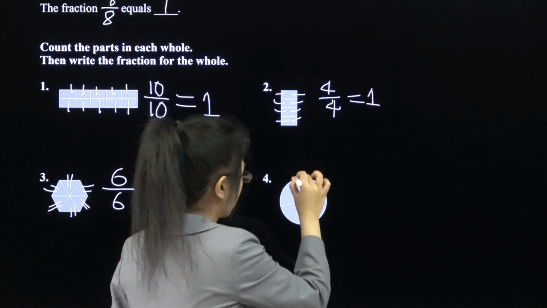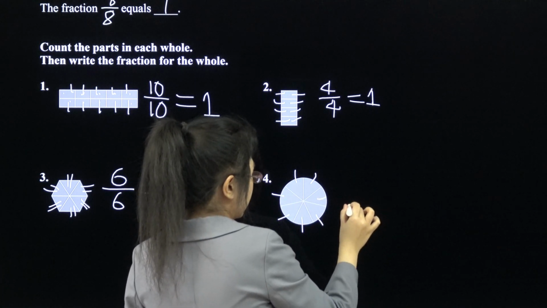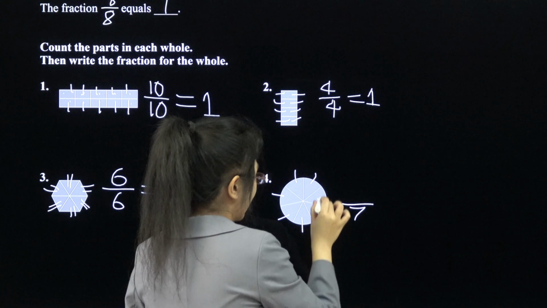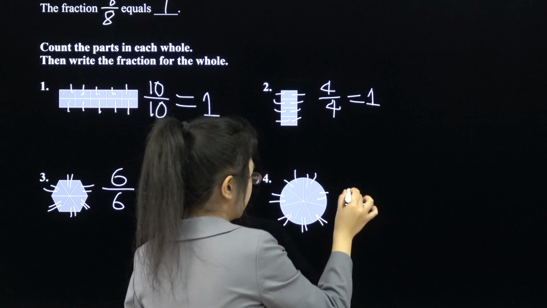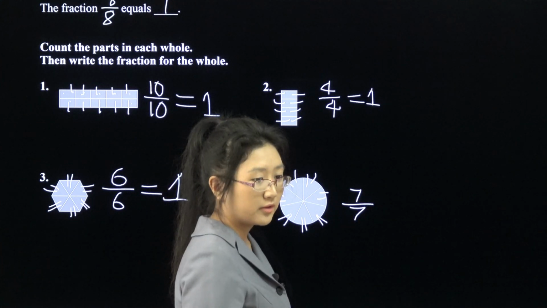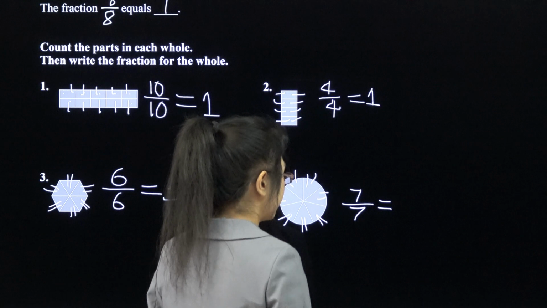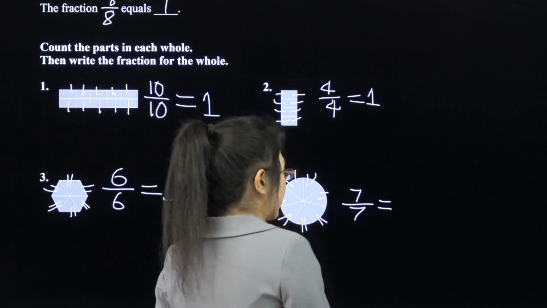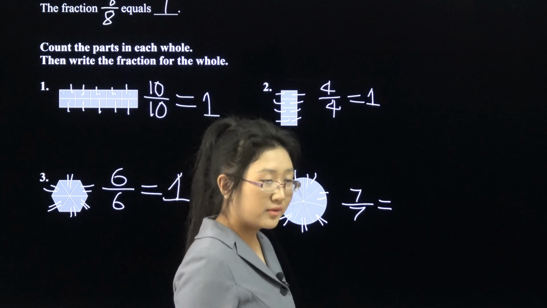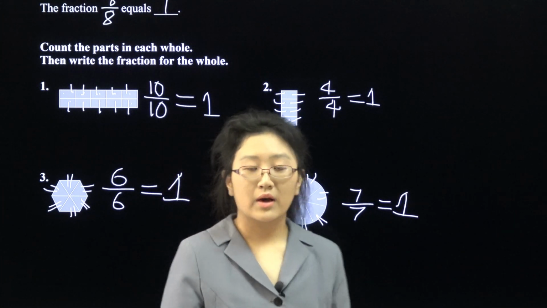Question number 4, there's 7 total parts and 7 shaded parts. Which means, since 7 is equal to 7, 7 over 7, or 7/7, is equal to 1. Okay.